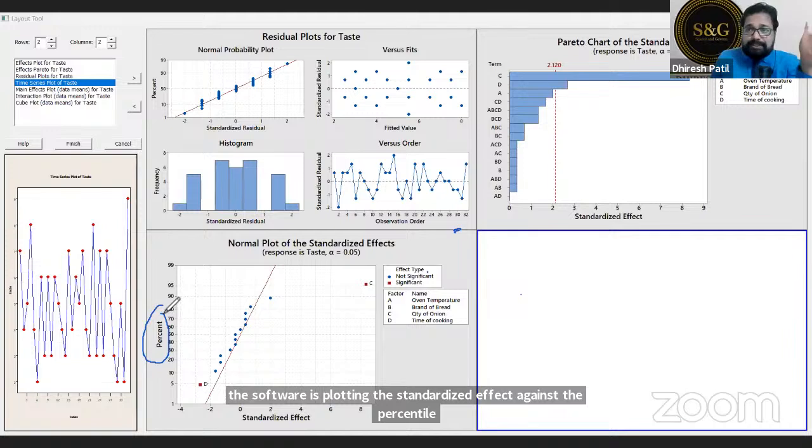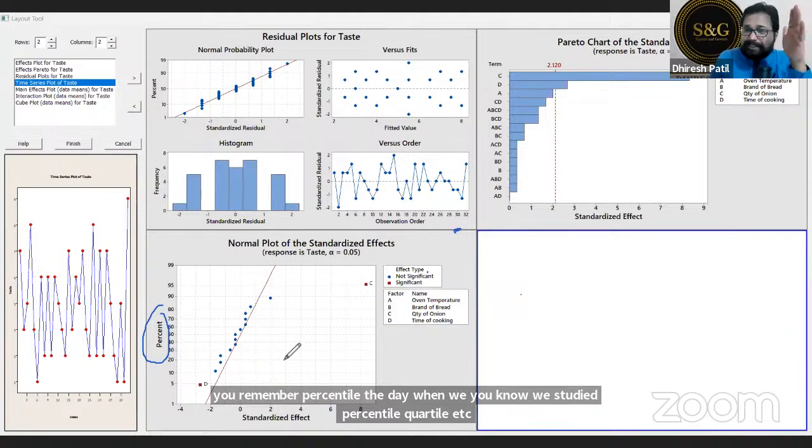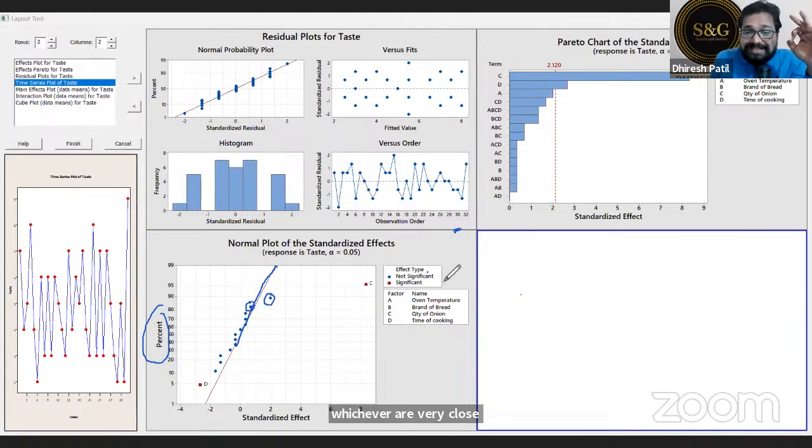The day when we studied percentile, quartile, etc. So standardized effect will be on the x, and percentile will be on the y, and this red line is the line of significance. Whichever are very close to this line are not significant factors, but whichever are away from the line of significance and shown in red are significant factors.